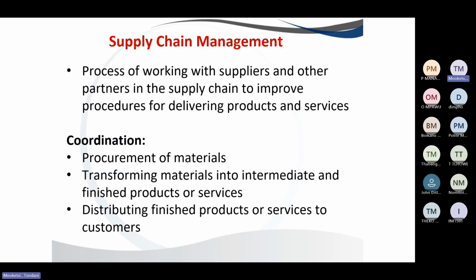Okay. Then the next topic is supply chain management. We are still on chapter 11. So supply chain management is the process of working with suppliers and other partners in the supply chain to improve procedures for delivering products and services. And this involves a lot of coordination. Coordinating the procurement of materials, meaning getting the raw materials that are required to manufacture a product.